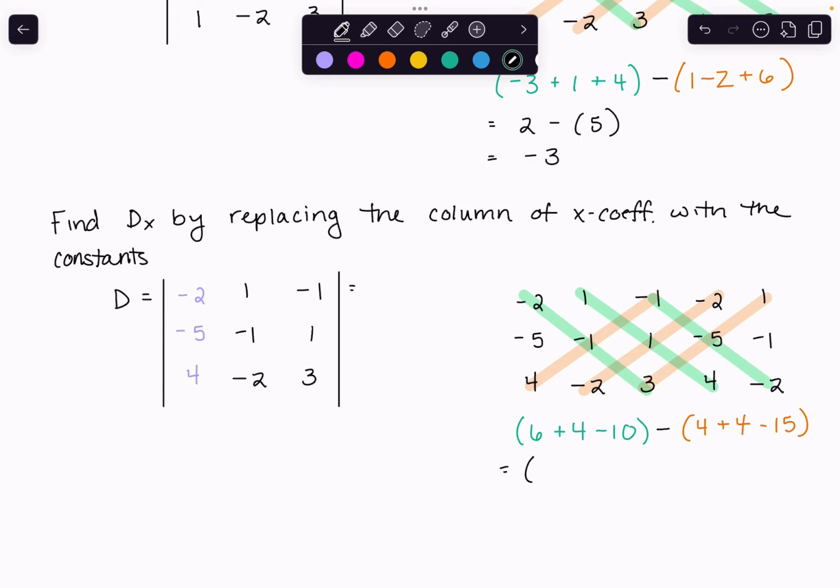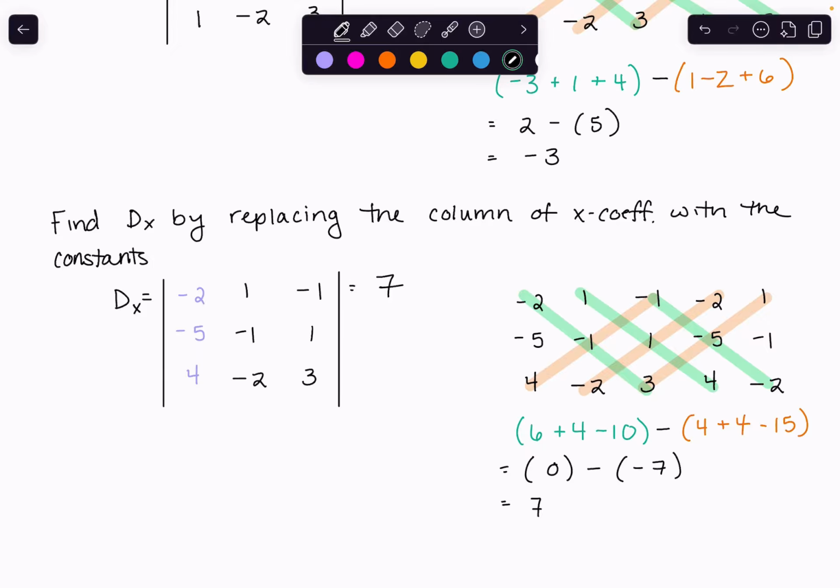So that turns into 10 minus 10, which is 0. And then that's going to be minus 7. So this determinant is equal to 7. So my x solution is going to be this divided by negative 3. And I want to indicate that's d sub x. So I forgot to do that.